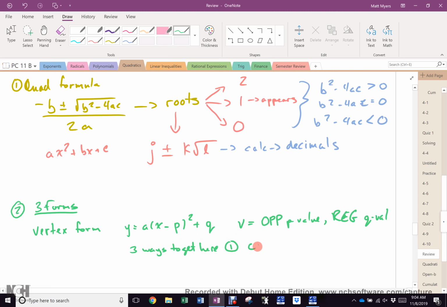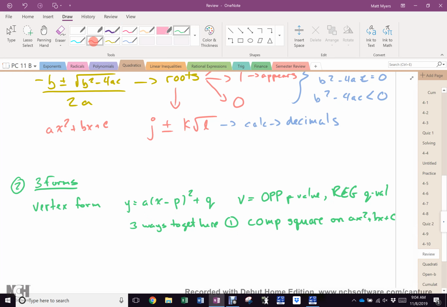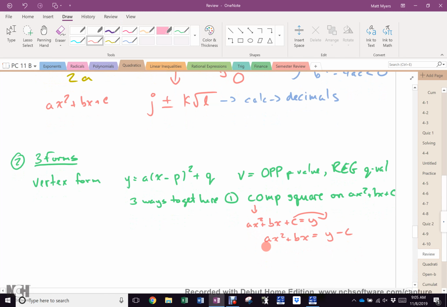1, complete the square. Complete the square on ax squared plus bx plus c. Remember, to complete the square, ax squared plus bx plus c equals y. Move the c. Ax squared plus bx equals y minus c. Then factor out the a.